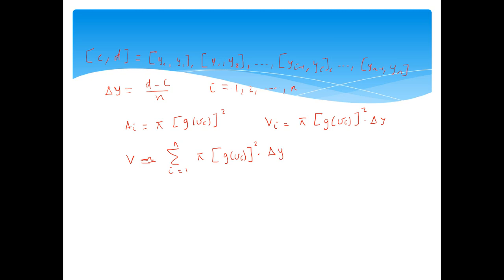To find the exact volume, we're going to take the limit as n goes to infinity of the summation from i equals 1 up to n of pi g of v sub i squared delta y.